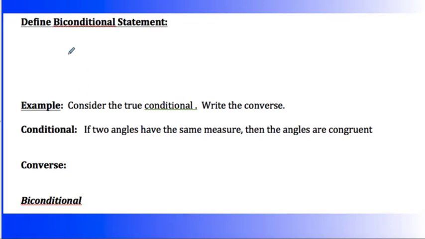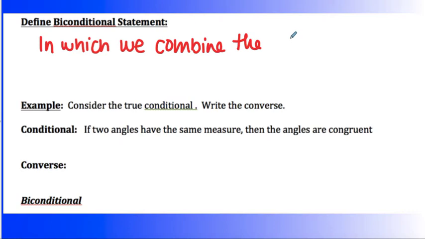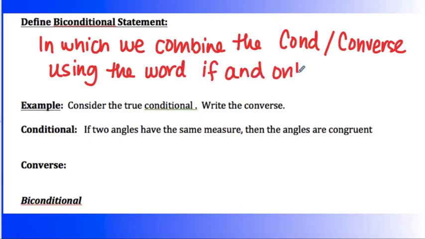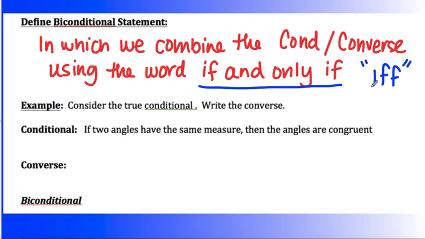All right, so a biconditional statement is a statement in which we combine the conditional and the converse, using the words if and only if. And mathematicians like symbols, so we don't have to write all that out because it's a lot. We can write IFF. And IFF means if and only if.